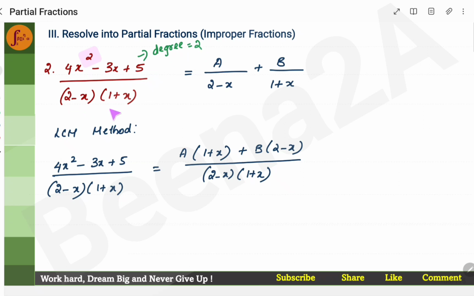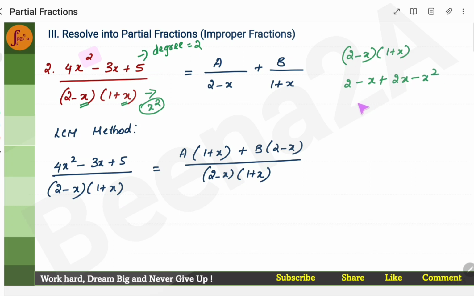Similarly here, what is the degree in the denominator? When I multiply this x with this x, it's going to become x square. So the highest power when I multiply these two factors would be 2. For example, if I multiply 2 minus x with 1 plus x, I'll get 2 plus 2x minus x plus x into x, which is minus x square.